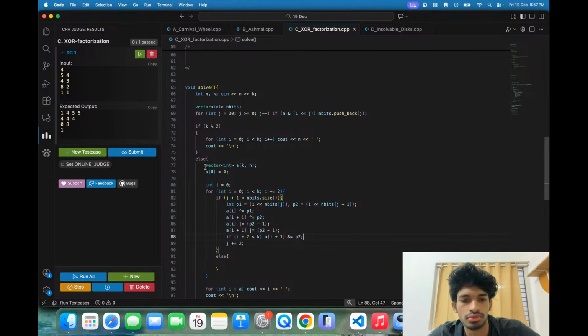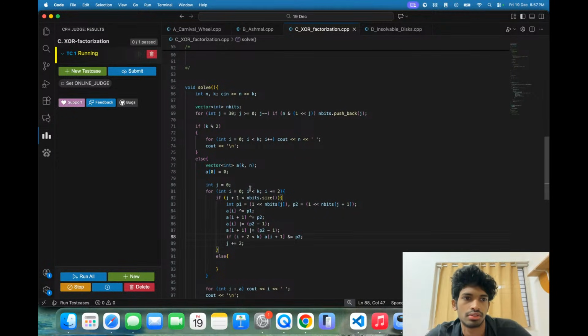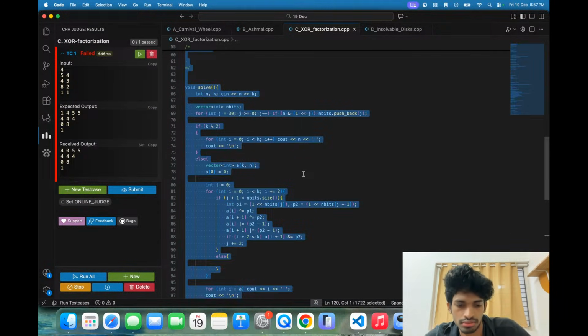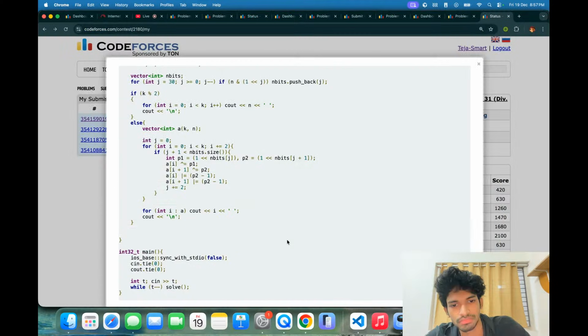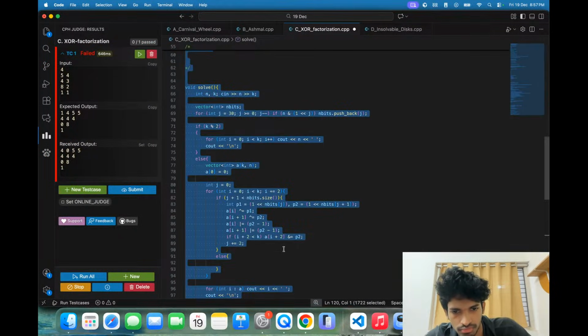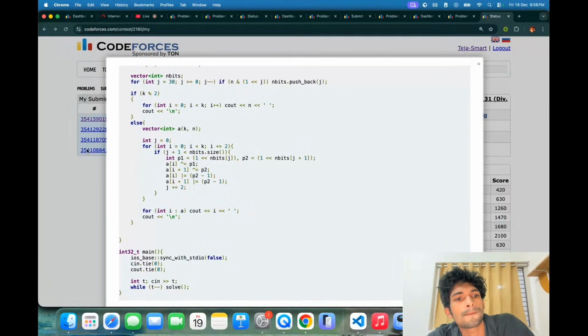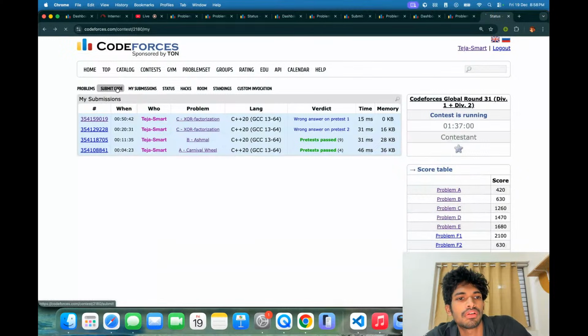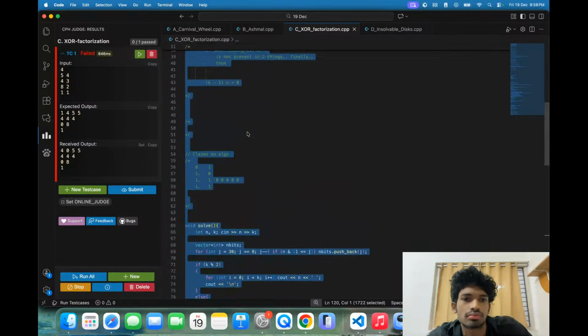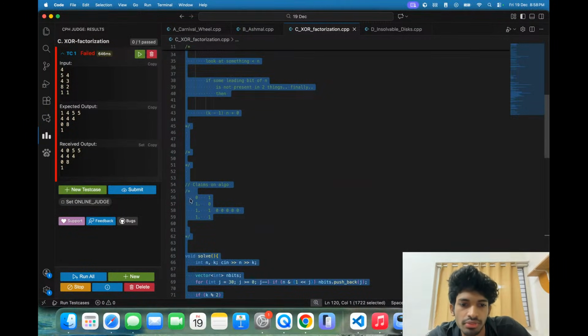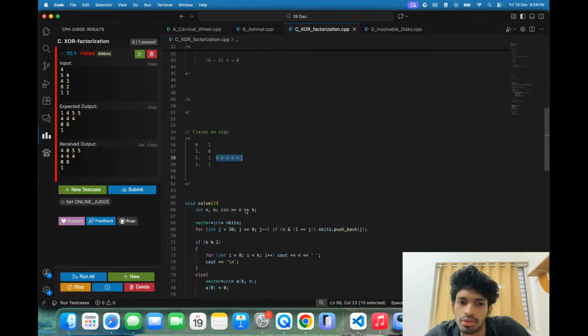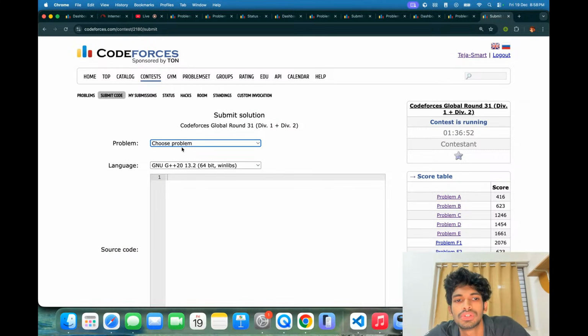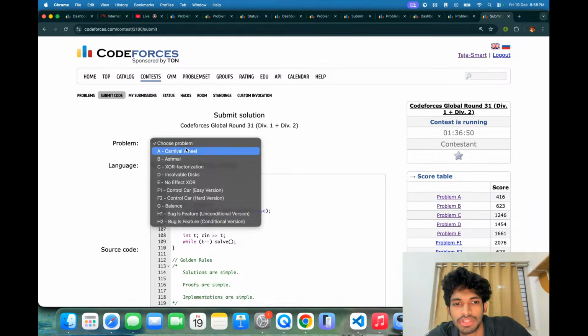You have to make them zero, then it works. What I did was, initially I kept this one as zero, and then I'm making this one as zero. So I'm making i plus 2 as zero by doing and with that.